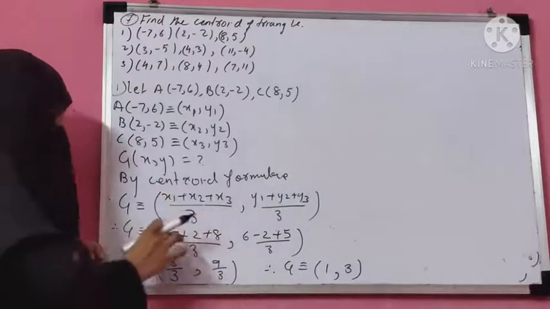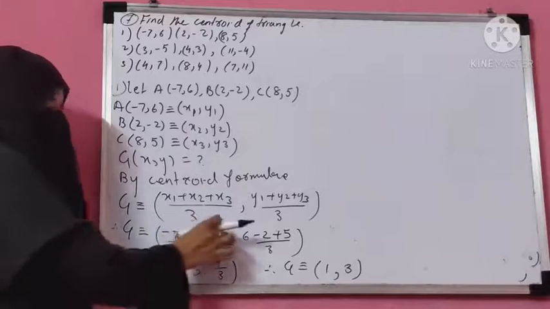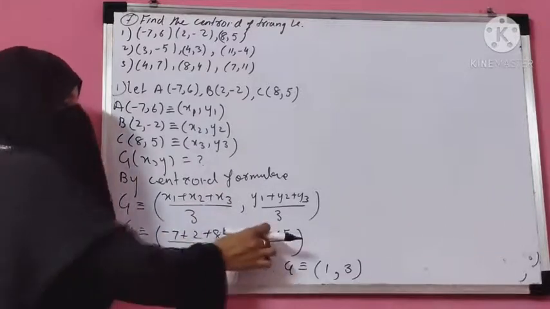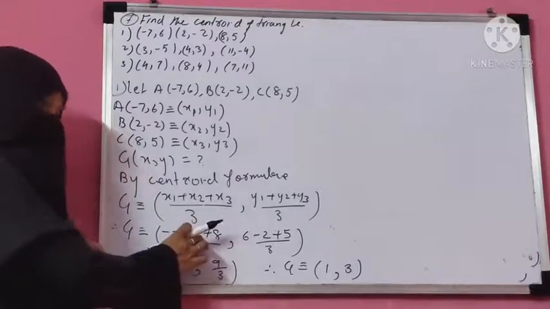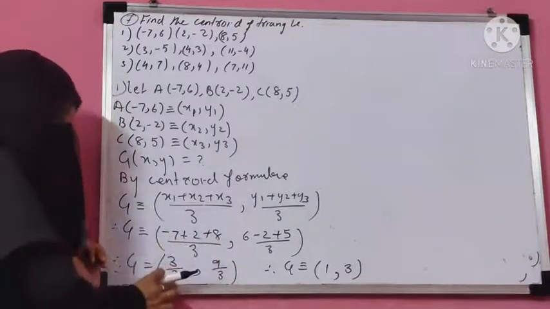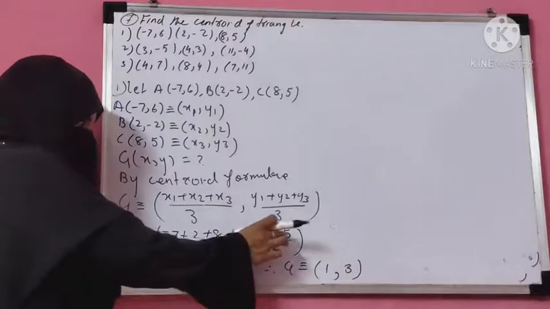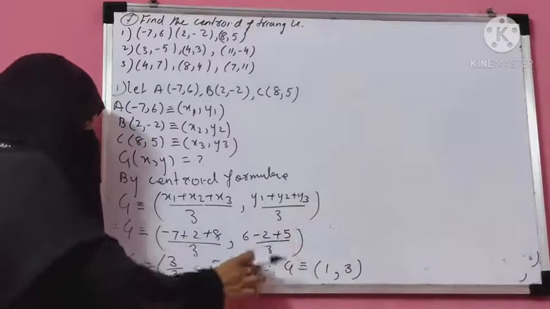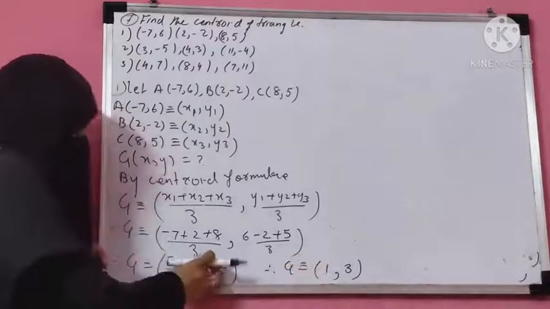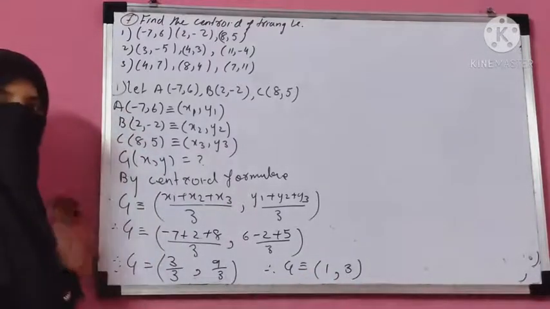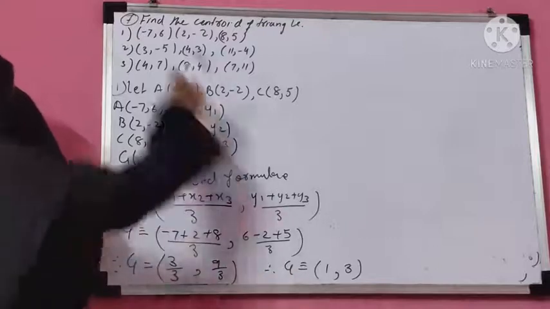Substitute the values: -7 plus 2 plus 8 divided by 3, 6 minus 2 plus 5 divided by 3. 8 plus 2 is 10, 10 minus 7 is 3, so 3 upon 3. 6 plus 5 is 11, 11 minus 2 is 9, so 9 upon 3. Got it?